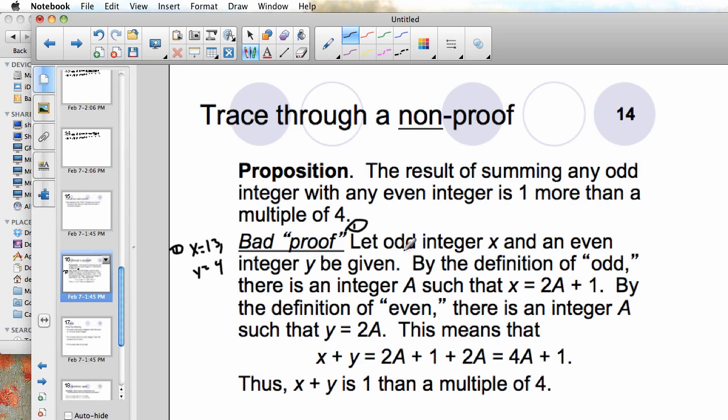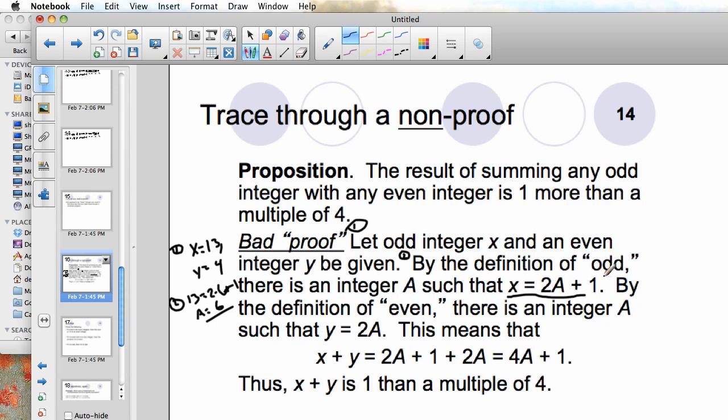And then sentence 2 says that x is really twice something plus 1, and so in line 2, my 13 is twice 6 plus 1, and so that means my capital A is 6 for that choice.